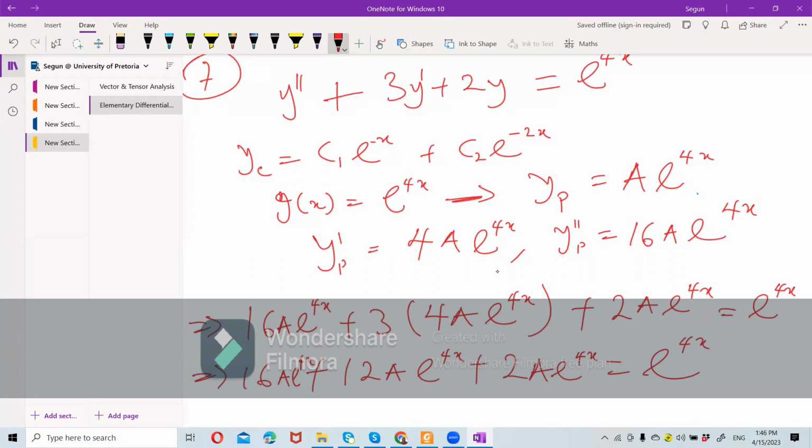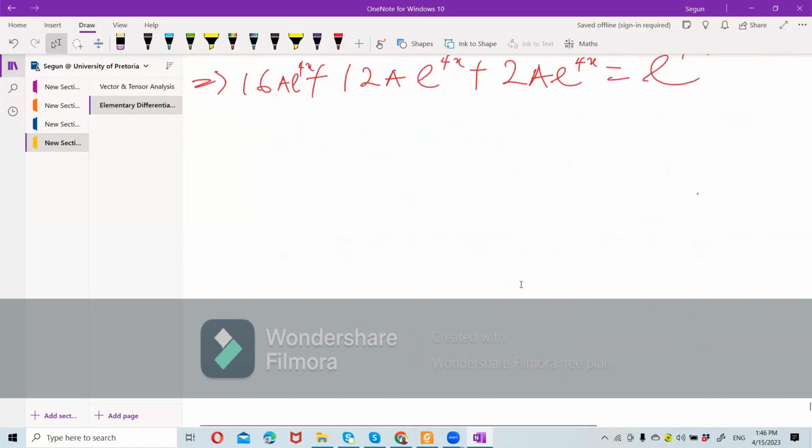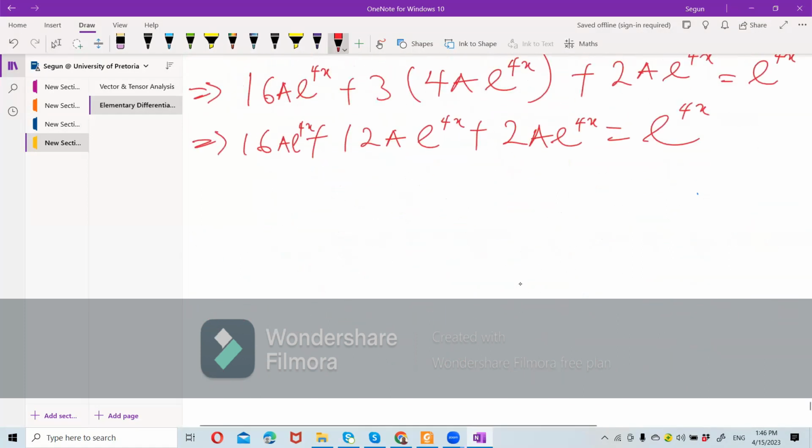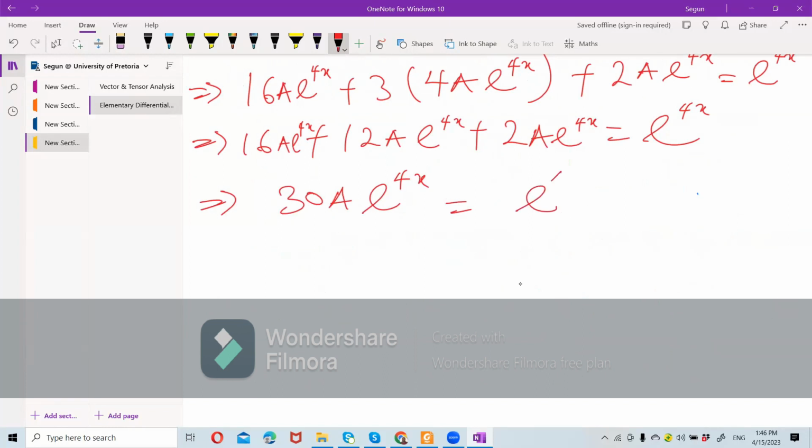So what is this? 16 plus 12, 28. 28 plus 2, 30. You have 30A exponential 4x, and the other side is exponential 4x.